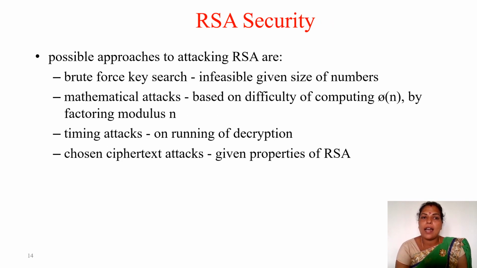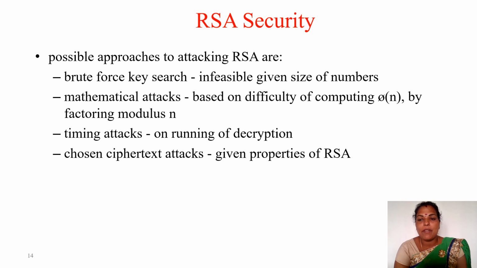So coming to the RSA security, there are possible approaches for attacking RSA. Brute force search is also possible, but infeasible given the size of the numbers. That is, if you are using very large numbers, then brute force search is not that easy. Then mathematical attacks also, where the difficulty is in computing phi of n by factoring the modulus n.